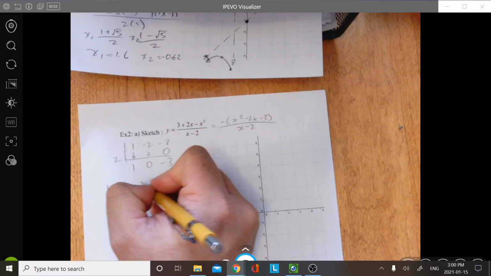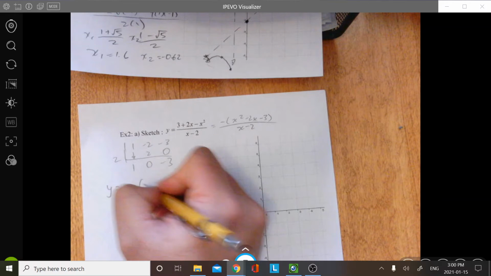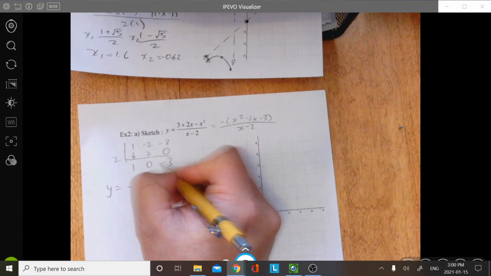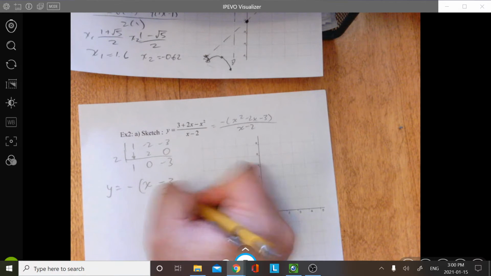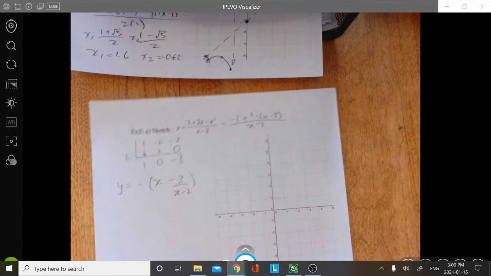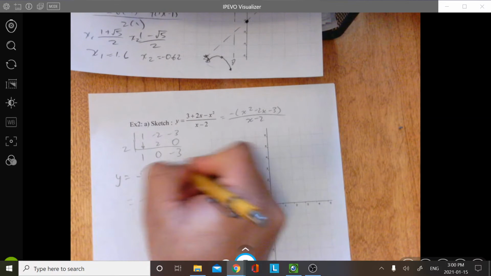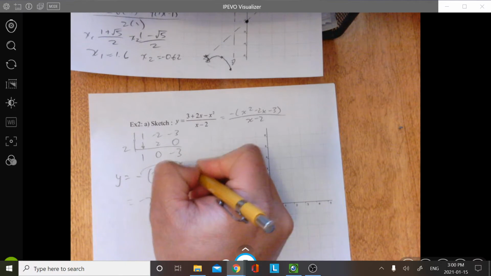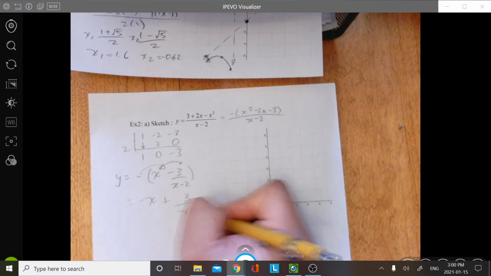So if we were to rewrite this, remember we factored out the negative in front, so you're left with x, and then subtract 3 over x minus 2. And then let's just bring back the negative, so you get plus 3 over x minus 2.